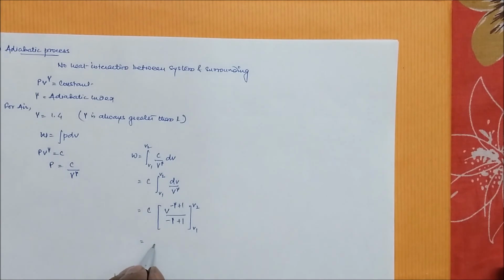From this, we have C by 1 minus gamma, that is V2 by V2 to the power gamma minus V1 by V1 to the power gamma.